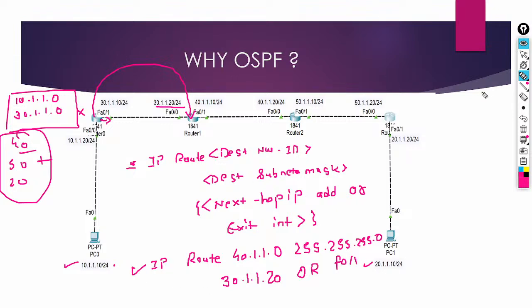For example, if 100 routers are connected and we have 1,000 routes, then we need to add 1,000 commands like this. That would be a very hectic task. As a network engineer, it would become a full-time job in itself. So just imagine, would any company hire engineers that would only be doing static routing?